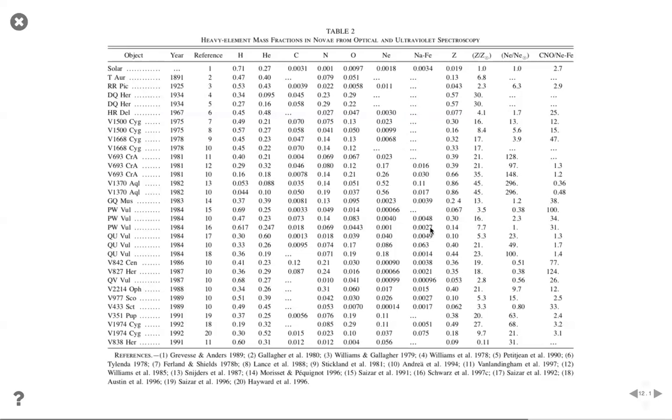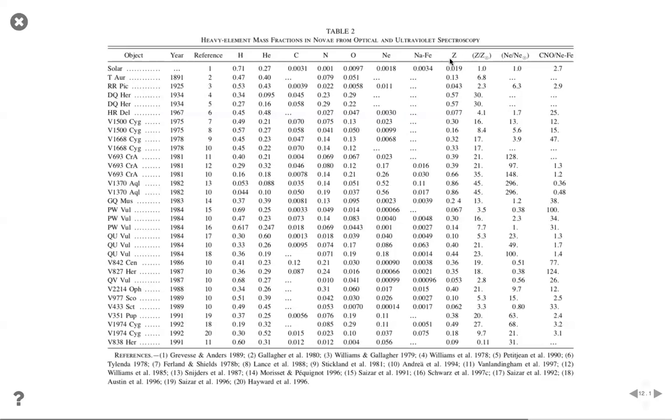But what's important, please pay attention to this column which has the name Z. As you remember from the slides on the introduction to stellar physics, Z is the total mass fraction of elements heavier than hydrogen and helium, right?